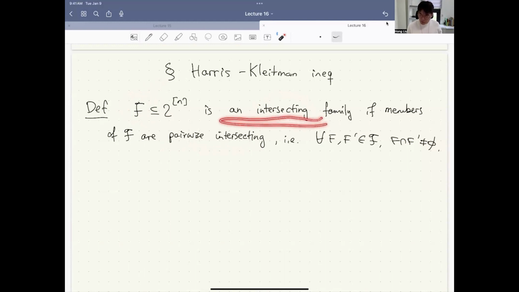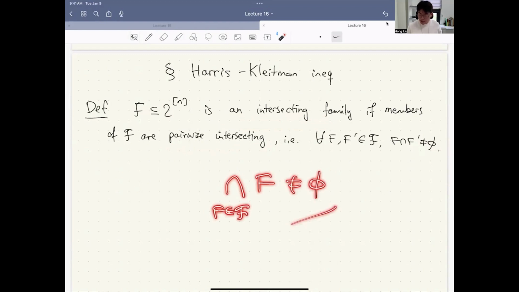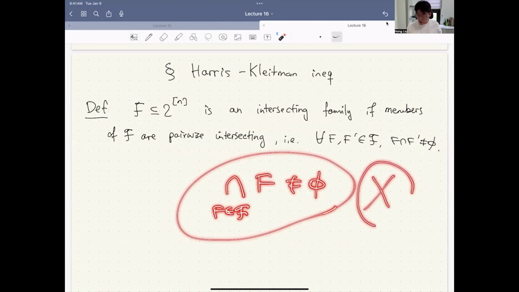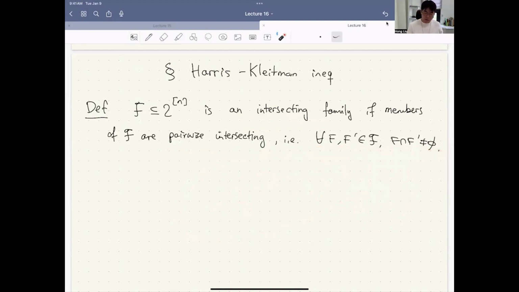We say a family of sets is intersecting if it's actually pairwise intersecting. I'm not saying that all sets in F have nonempty common intersection. Just pairwise, they have nonempty intersection. Keep this in mind.